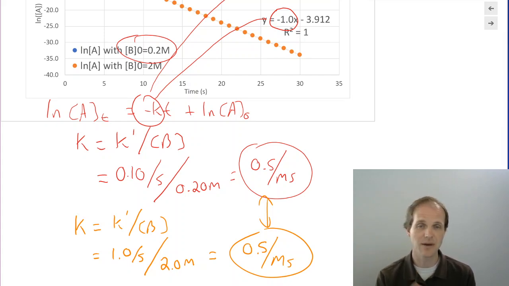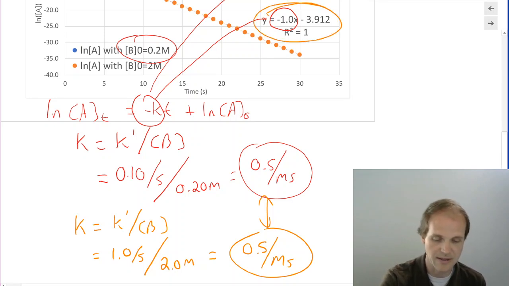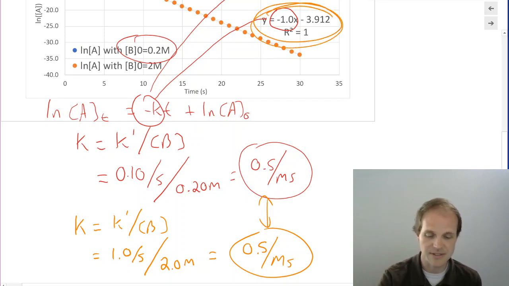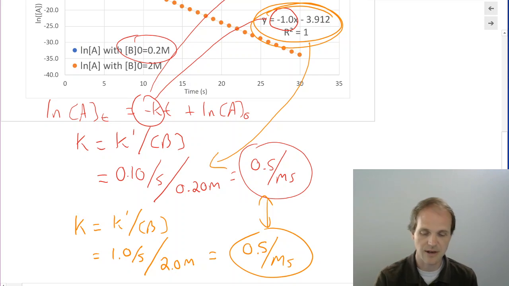If we had C as well, we'd also keep C large, so that as A reacts, C is maintaining relatively constant. And all of those other terms that we're maintaining constant become part of the pseudo-rate constant. And the pseudo-rate constant is what we get directly off of the graph. And then we have to solve to figure out what our actual rate constant is. And that should be consistent across experiments.